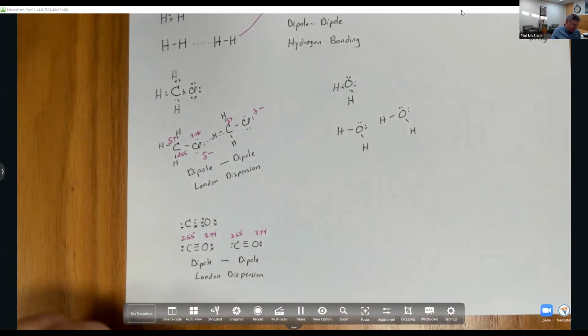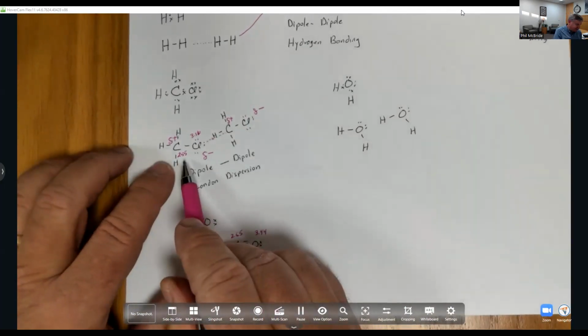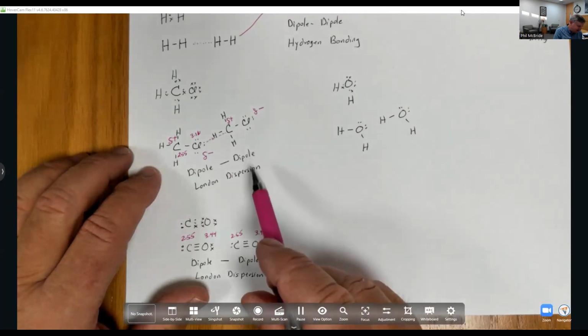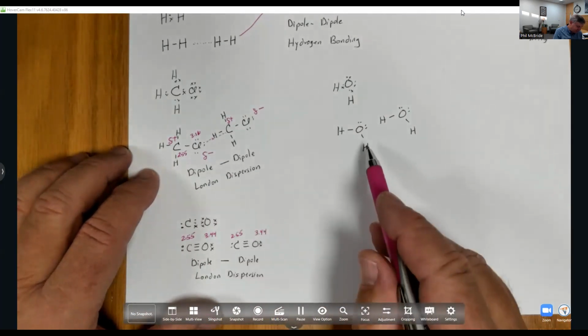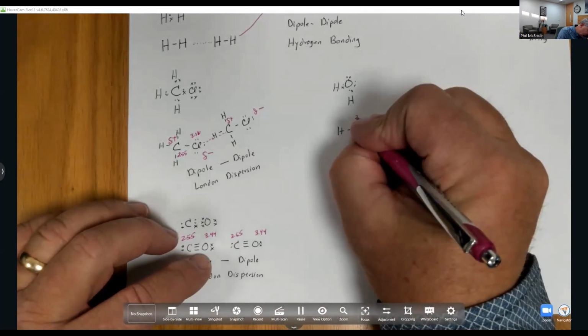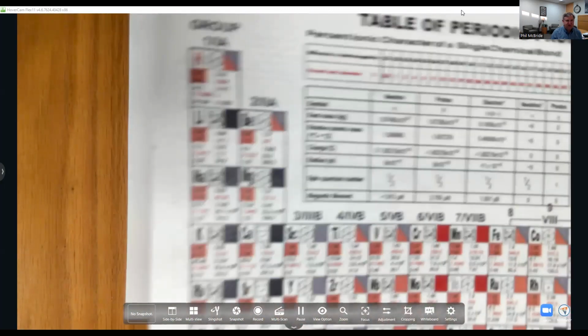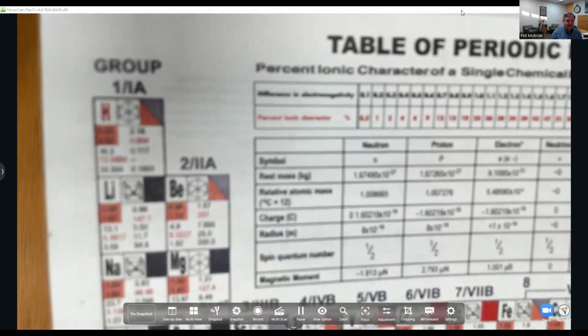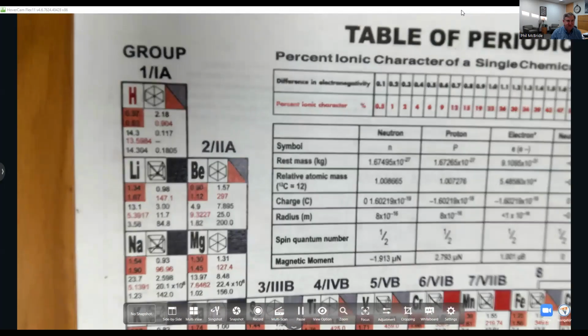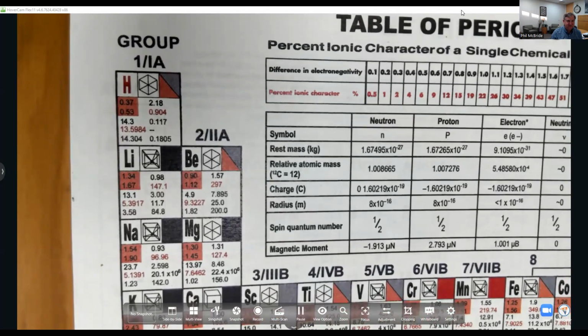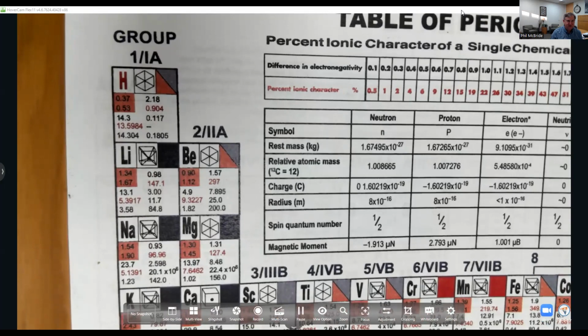We know the electronegativity for hydrogen was, did we calculate it? Nope. So oxygen is 3.44. Hydrogen is 2.18.